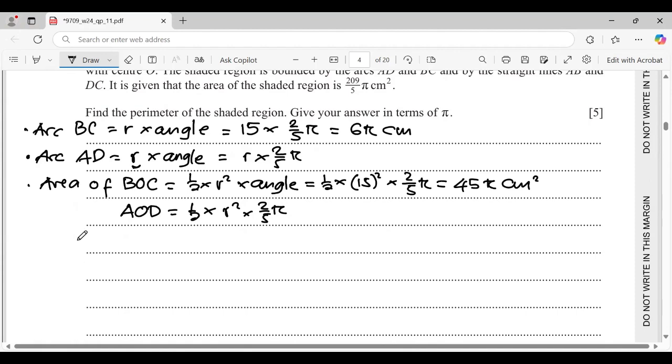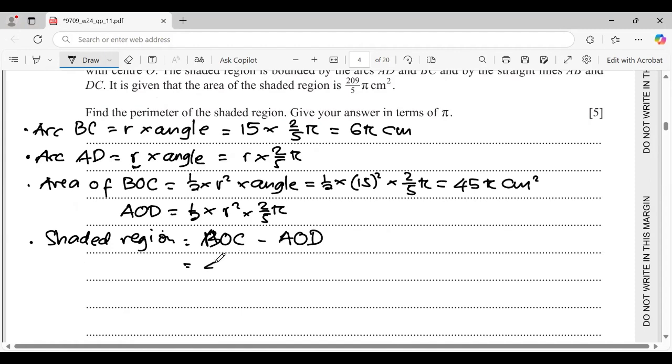So I would like to find the area of the shaded region. The shaded region equals area of BOC minus area of AOD.